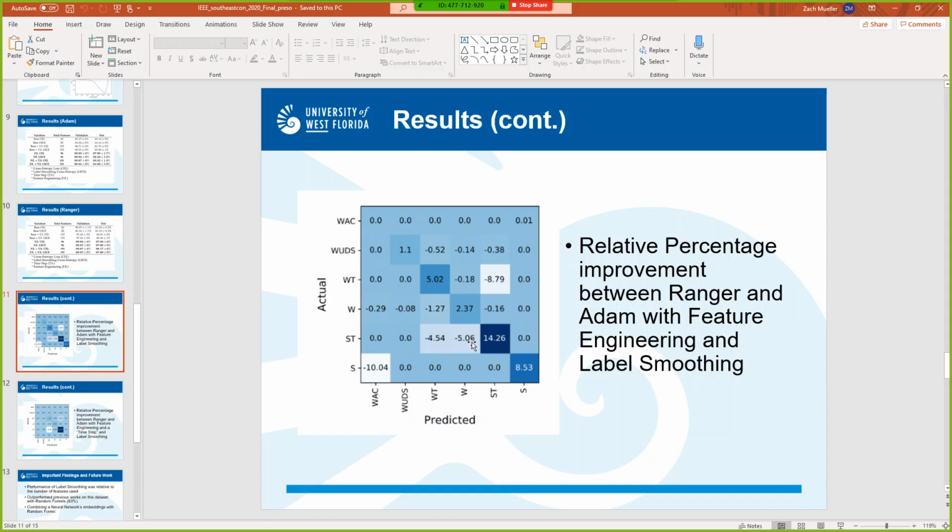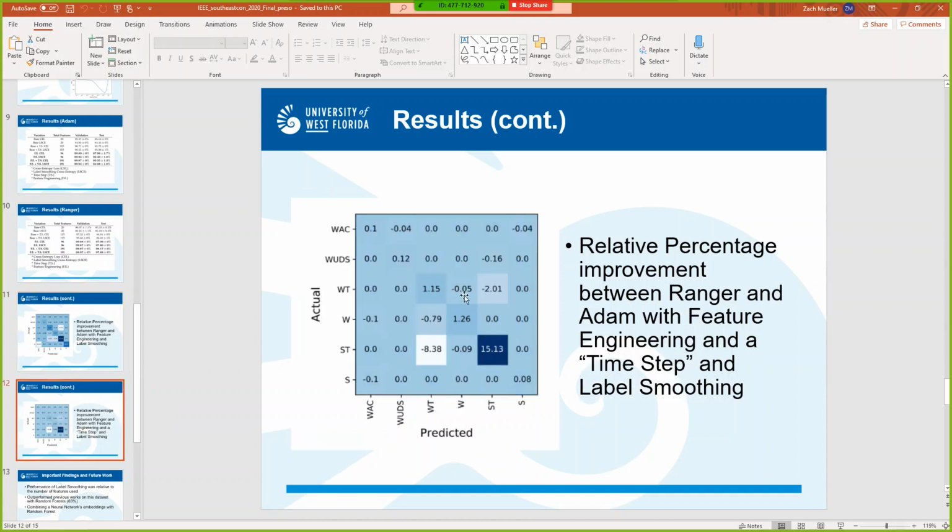And so we saw that there was a 14% improvement when we were looking at someone who was just standing while talking, versus say this 8.5% improvement of someone who is just simply standing.